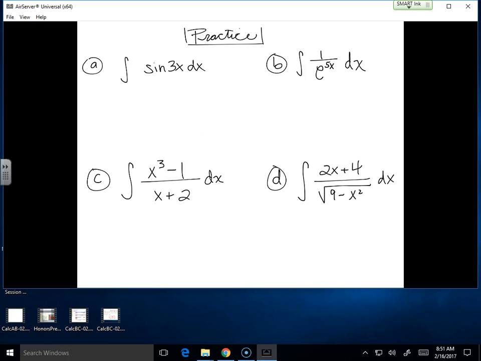Because there is a u. So you would need to go through your process, right? Final answer should be negative 1/3 cosine of 3x plus c.